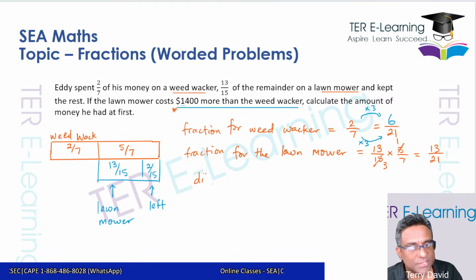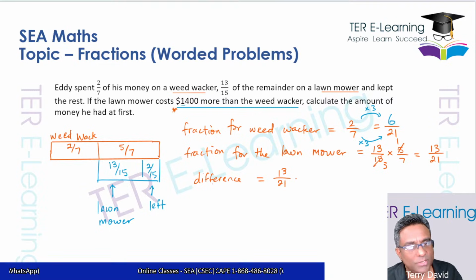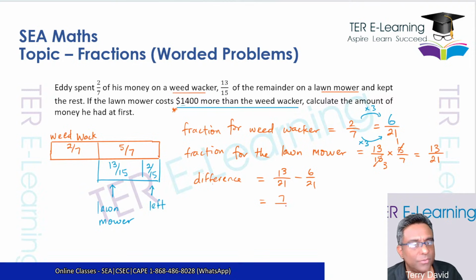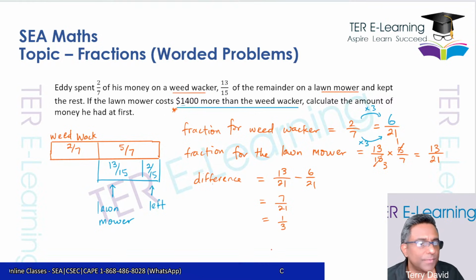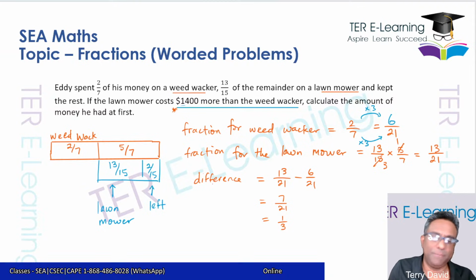So the difference between these two fractions will give me the difference in cost. So you're going to take 13 over 21, the lawnmower costing more than the weed whacker, minus 6 over 21. When I subtract this, you're going to get 7 over 21, which is going to be 1/3. You all with me there?